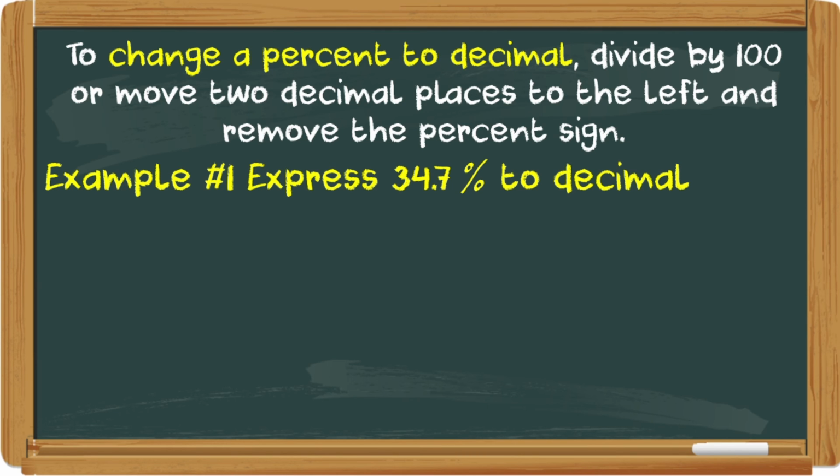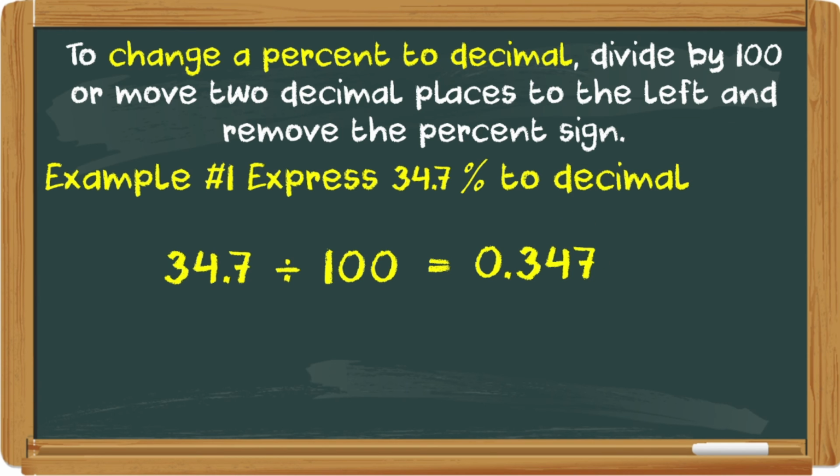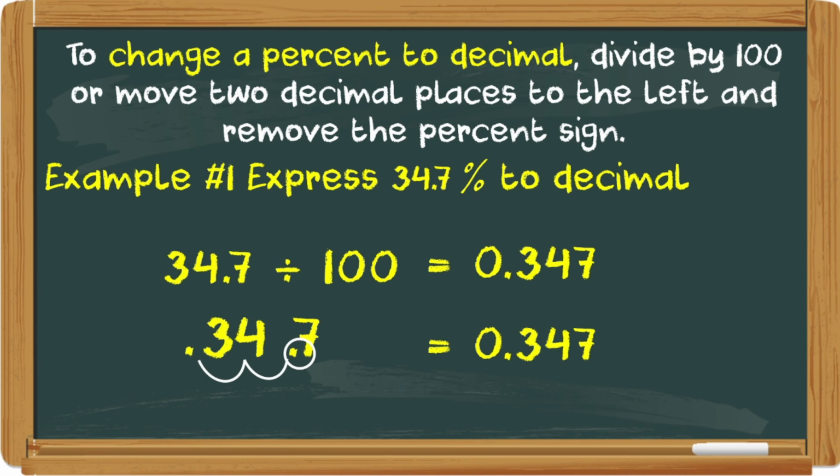So we have now 34.7, remove the percent sign, divide by 100 is equal to 0.347. Or another method, we have 34.7, move the decimal places to the left, 1, 2, so we'll have now 0.347.